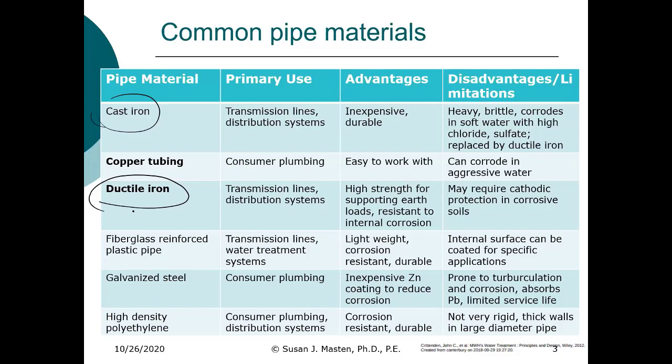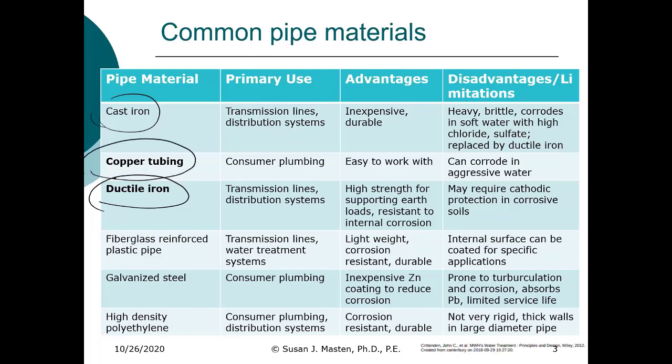It has a higher strength, it's more resistant to internal corrosion, and these are available typically or used typically for water mains up to about 15 inches. These are available up to 64 inches, but typically you'll see these for water distribution systems up to about 15 inches.